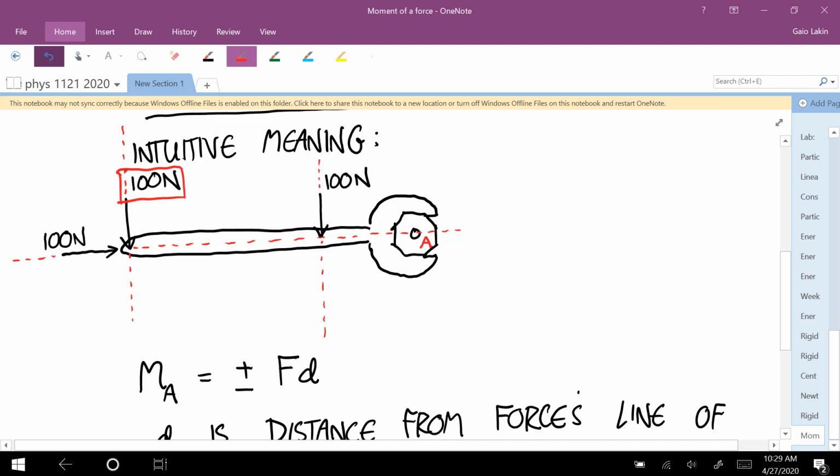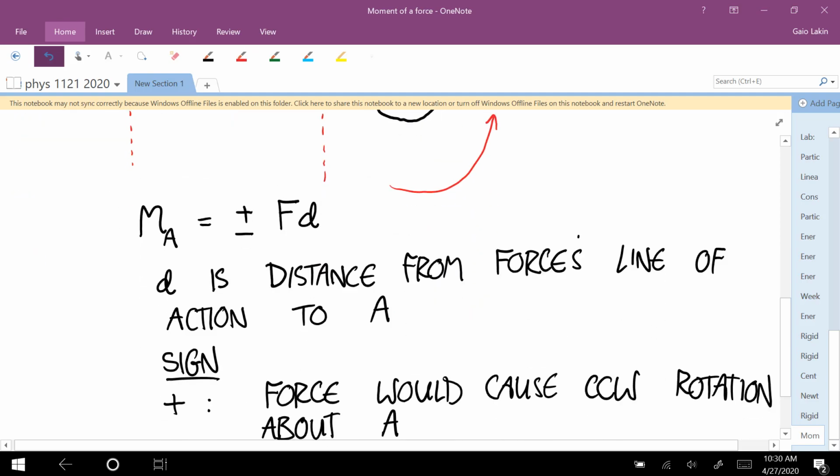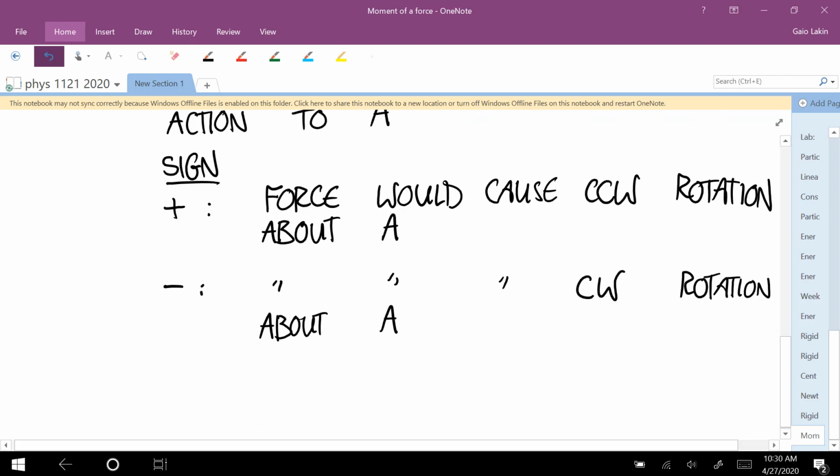In this case, if you applied the force there, it would make that bolt rotate counterclockwise. And so that says that the sign of that moment produced by that 100 Newton force is positive. So the total moment would be 100 times whatever that distance d is, positive. Okay? So that's how we're going to calculate moments.